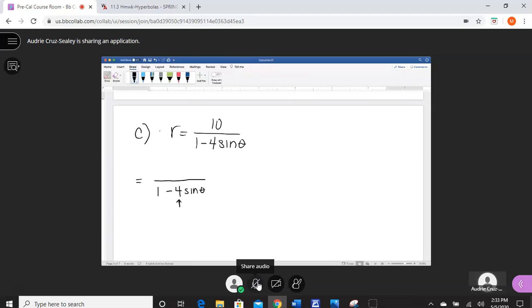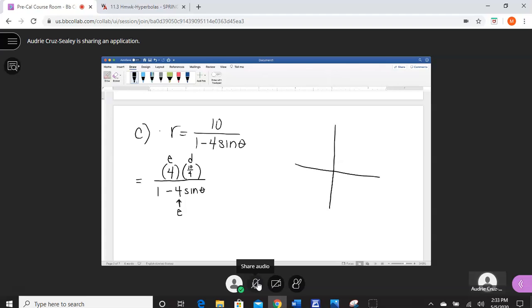That 4 is your eccentricity, so I'm going to have a 4 here. This is your eccentricity. What is d? Five halves. I'm going to put 10 over 4 in here so that you can see it better in case it's in your notes.